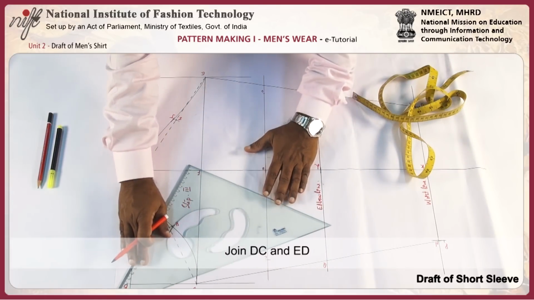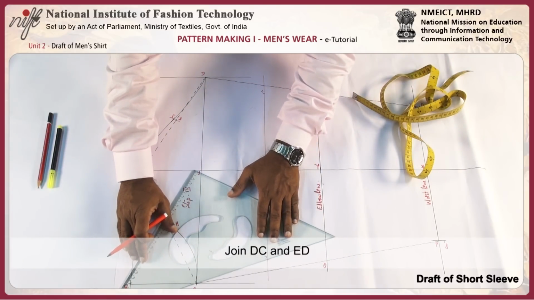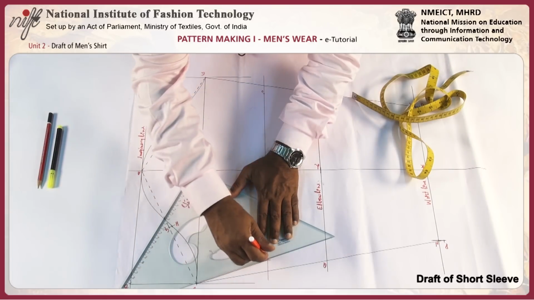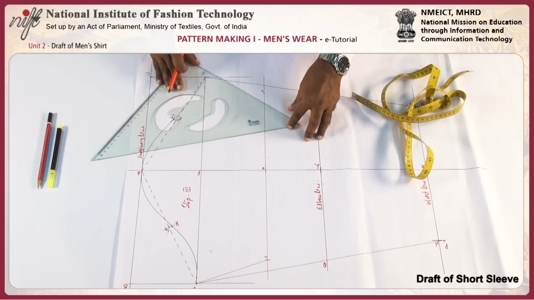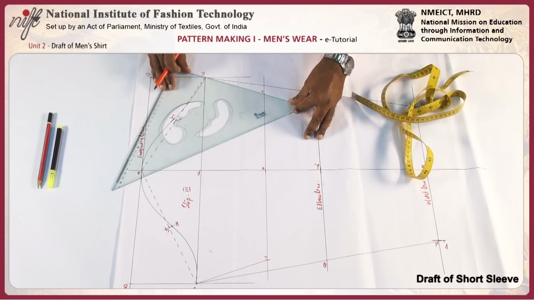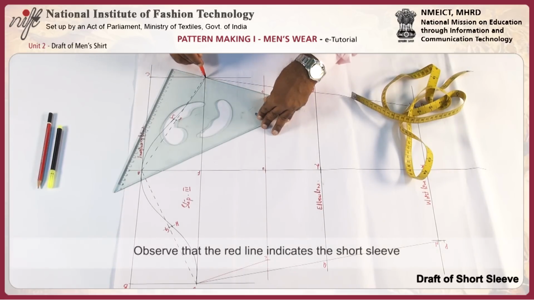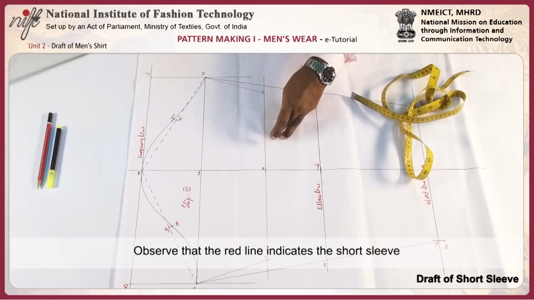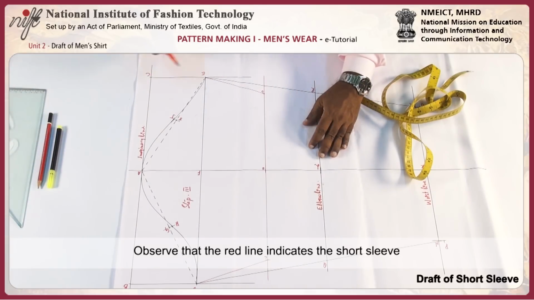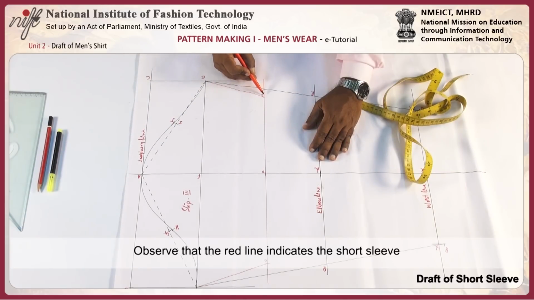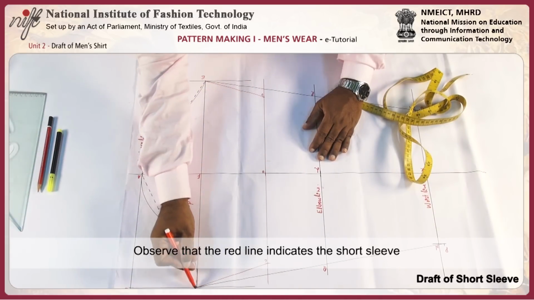Then after that, join D to C and E to D. Now the line with the red color is a short sleeve.